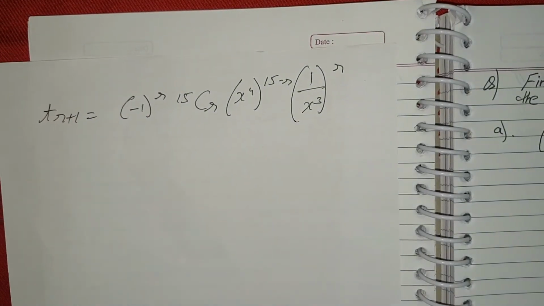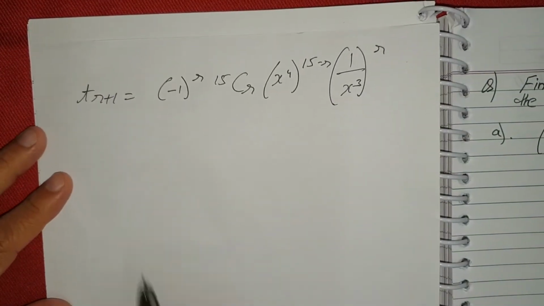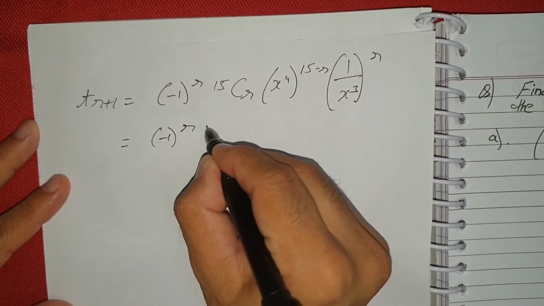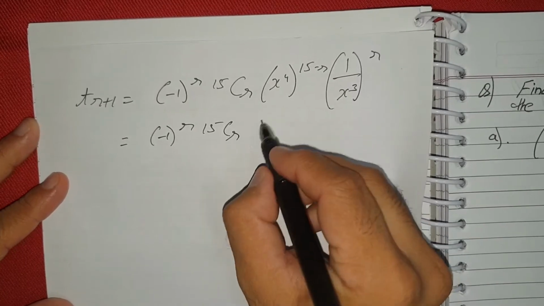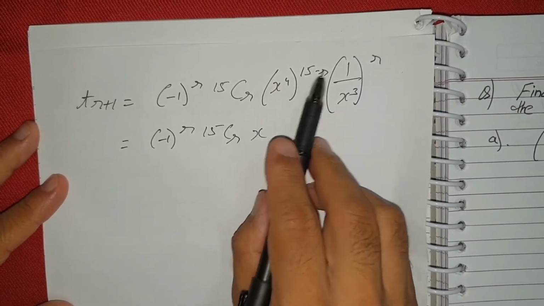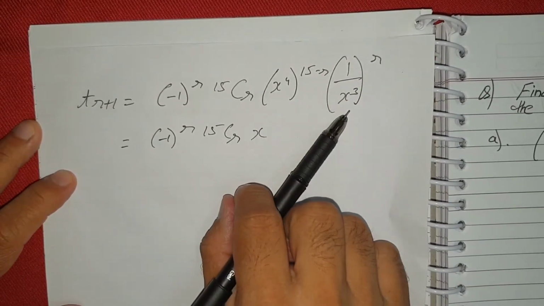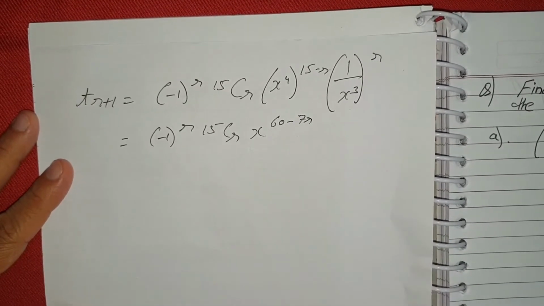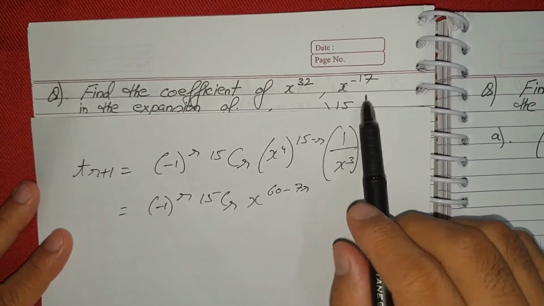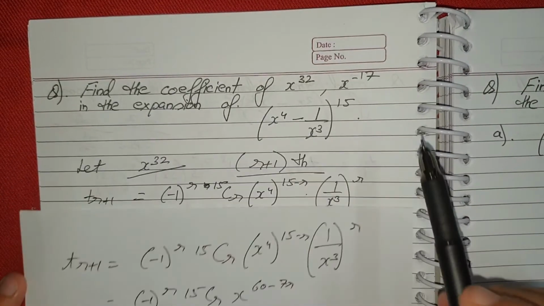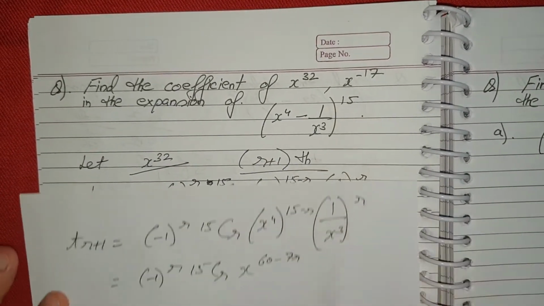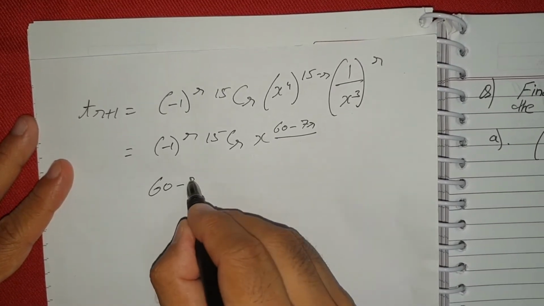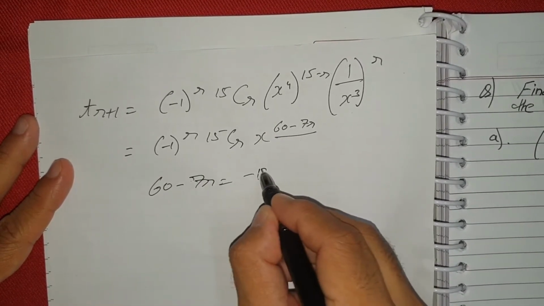Solving this, you get minus 1 to the power r, 15 C r, x to the power 60 minus 7 r. But you have to find for x to the power minus 17, so equating the powers of x equals minus 17.